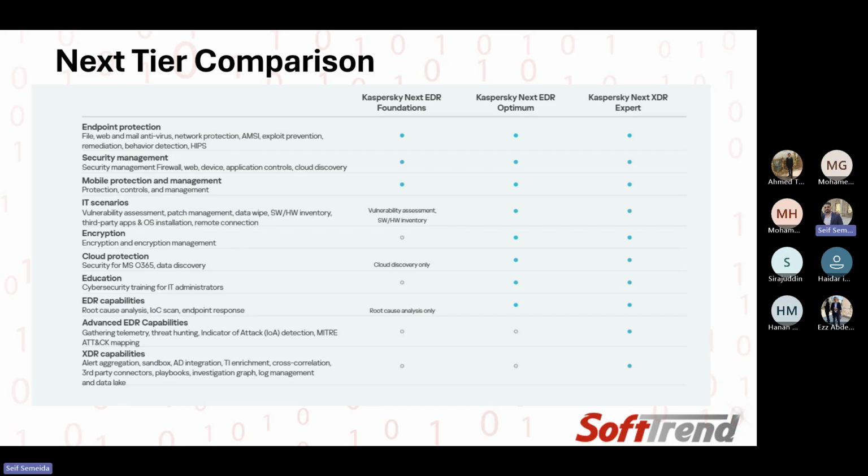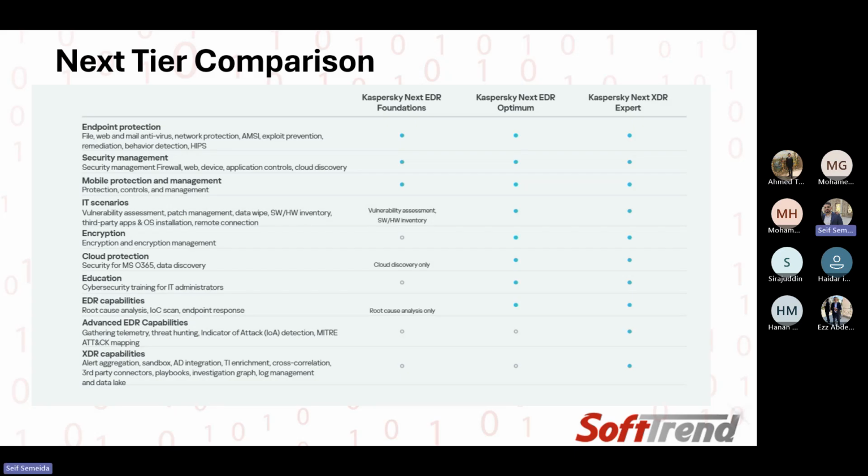As for the cloud protection, as I mentioned, there is only cloud discovery, which keeps you aware of the unauthorized cloud services that your users may be accessing and allows you to keep tabs on their usage.